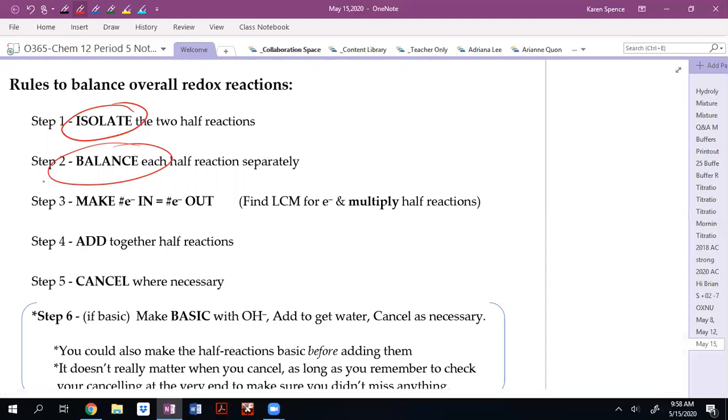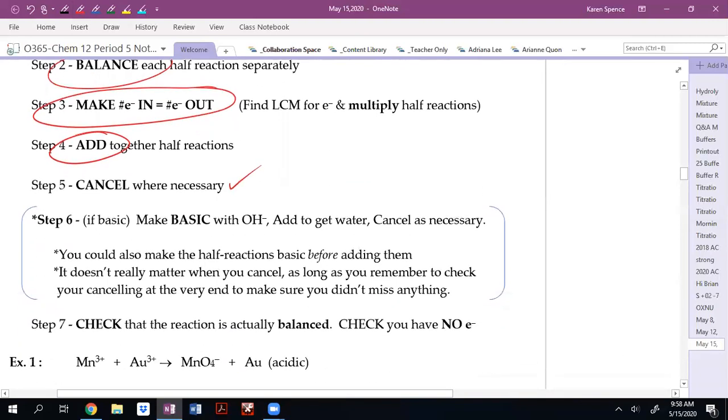Step number 3, you're going to make sure the electrons going in equal the electrons going out. And then finally, you're going to add them back together, and then you will cancel if necessary. And finally, you can make it basic with hydroxide, just like you did with half reactions. You can make overall reactions basic.